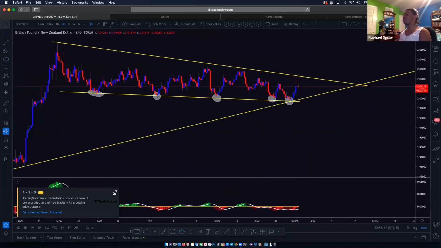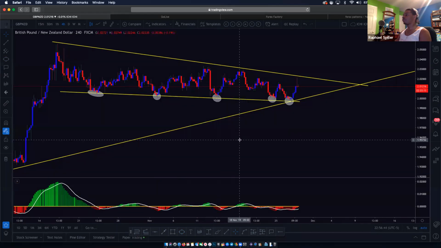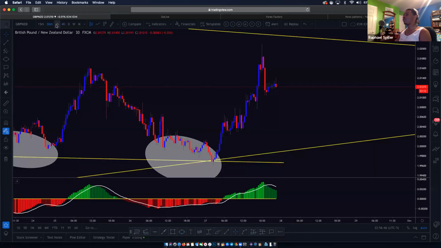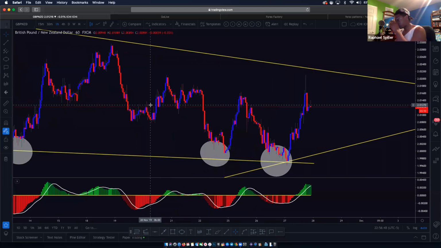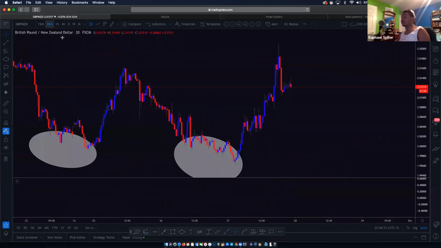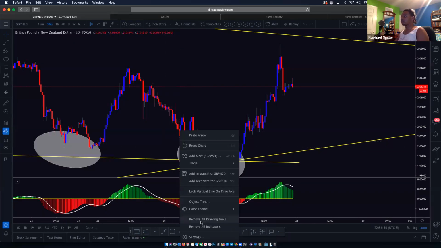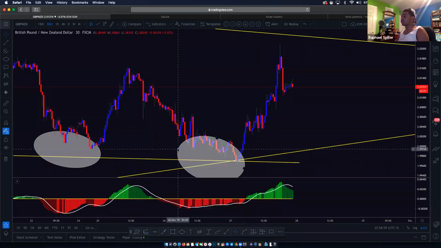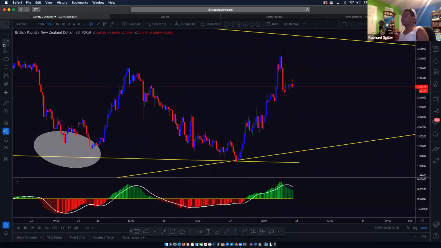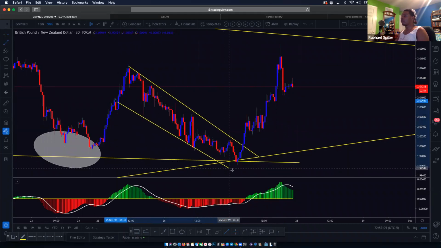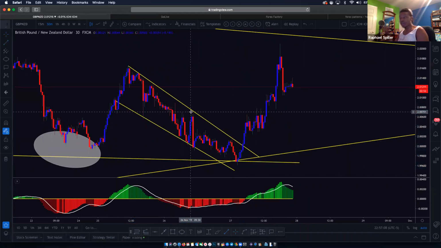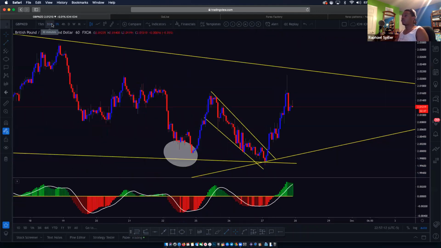What I would personally do, right, is I would go on the 1 hour, maybe even the 30 minute. Because what I should have done, I didn't even see this, is I could have gotten in after I saw this descending channel, right? I didn't even see this descending channel.